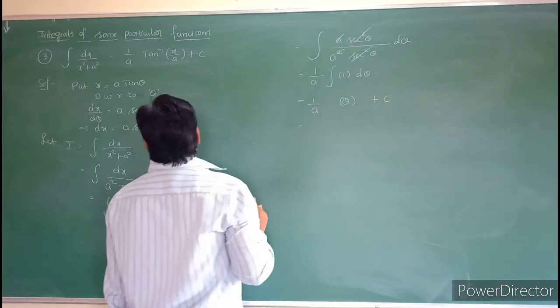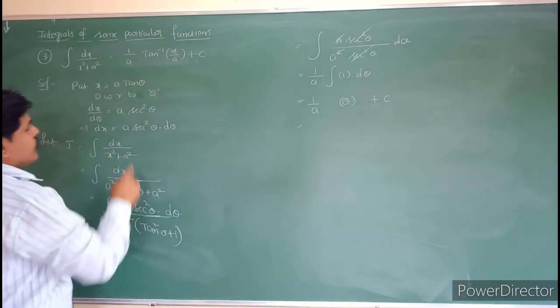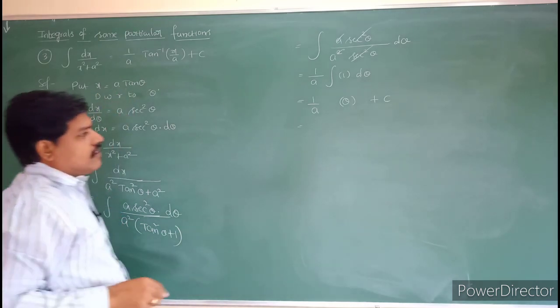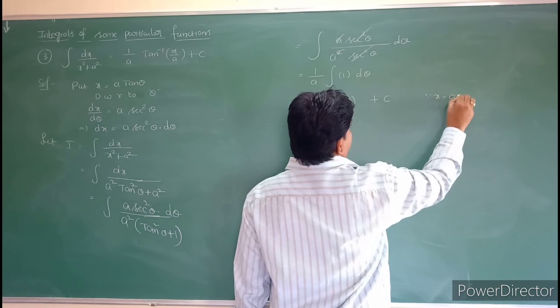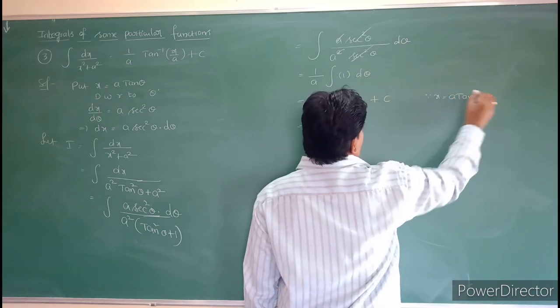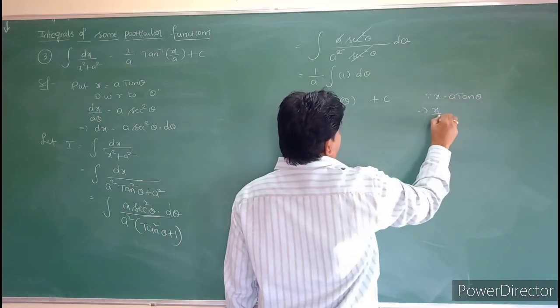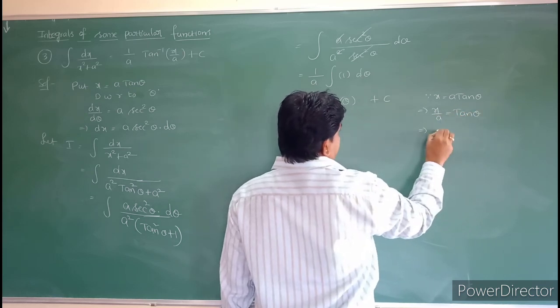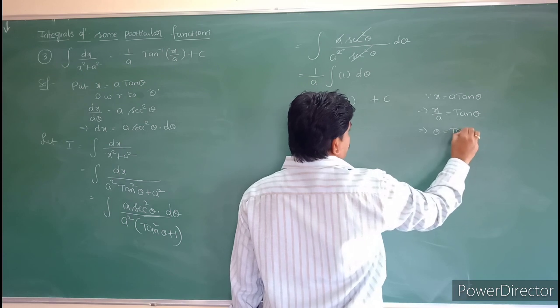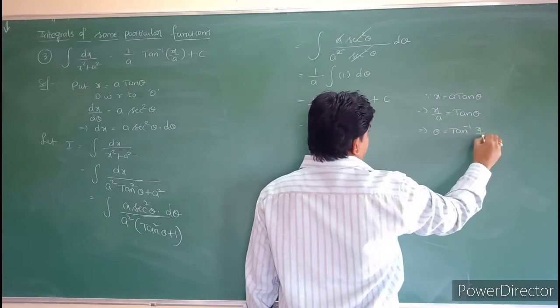So what is the theta value? See here, students: x is equal to a tan theta, so x by a is equal to tan theta. That implies theta is equal to tan inverse of x by a.